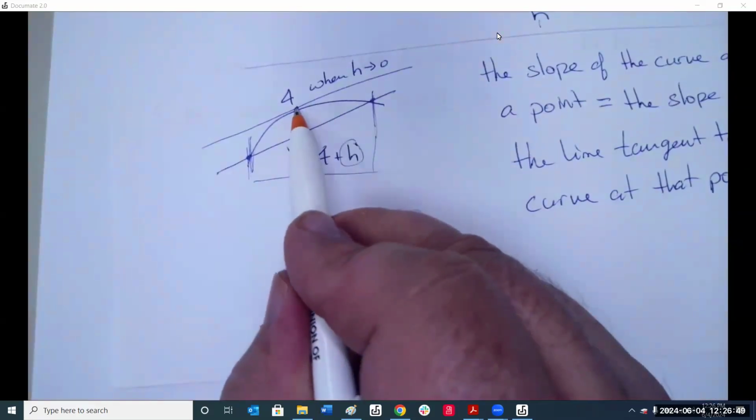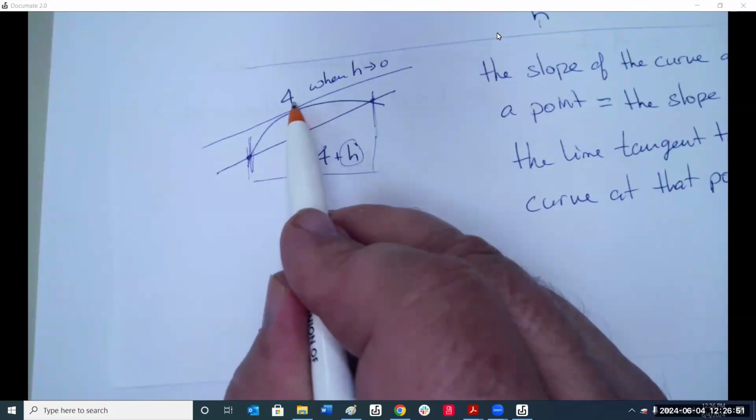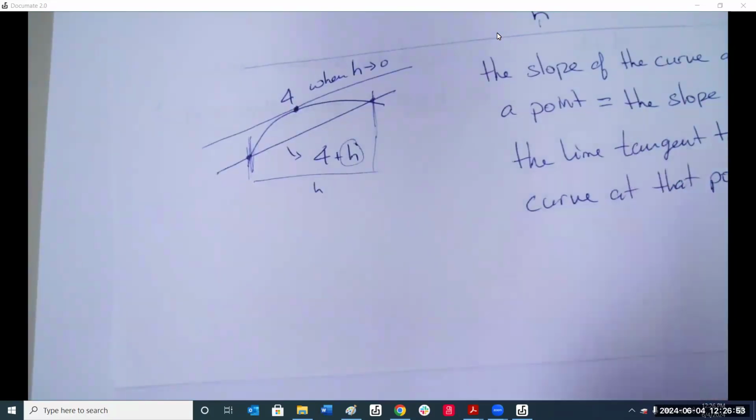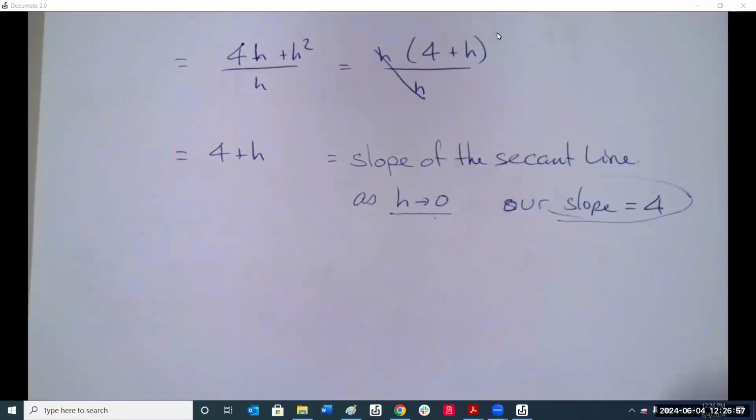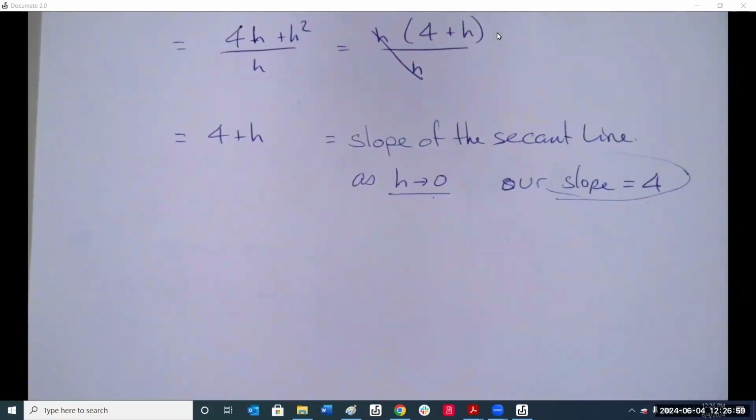The slope of the tangent line at that point is 4. Right, so what are we looking for here? Find the slope of the tangent line of the parabola, analyzing the slope. Yep. So we have the slope of the tangent line.